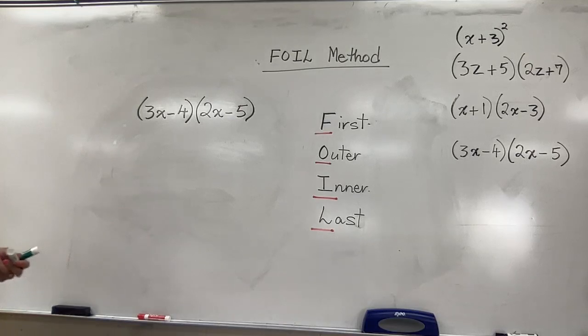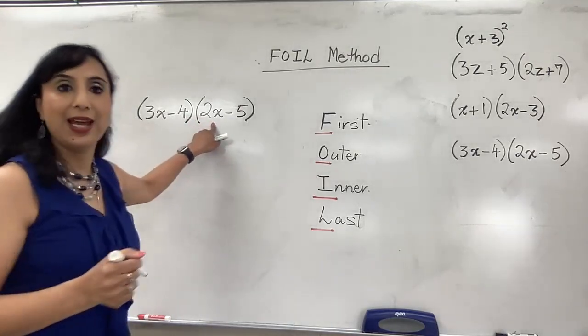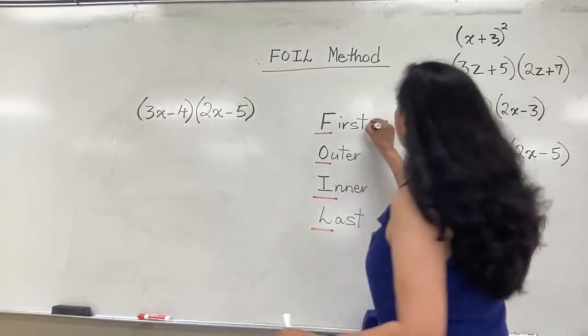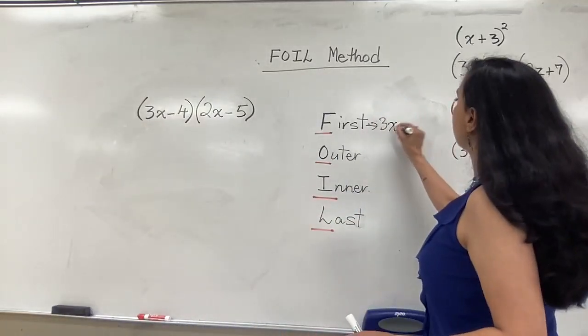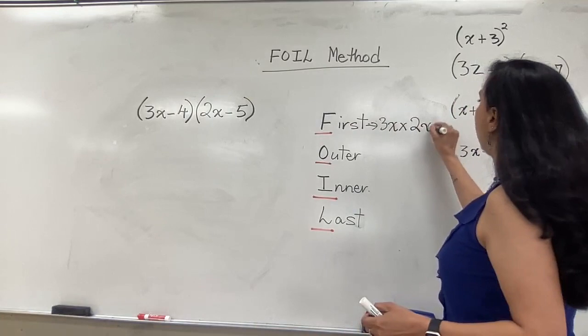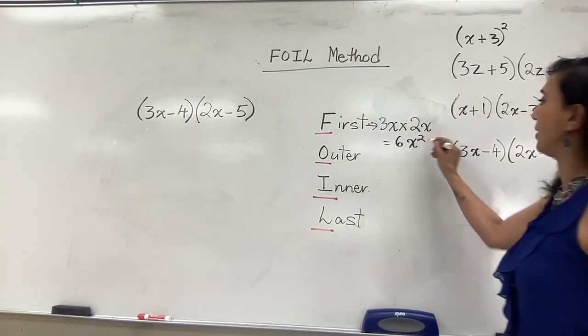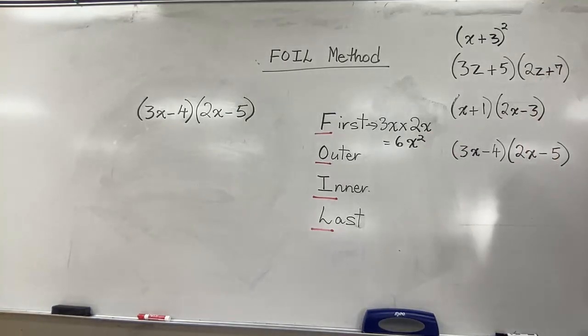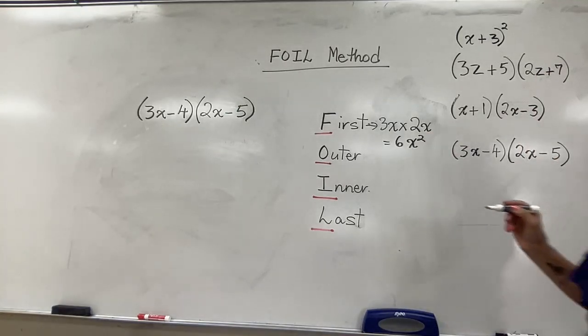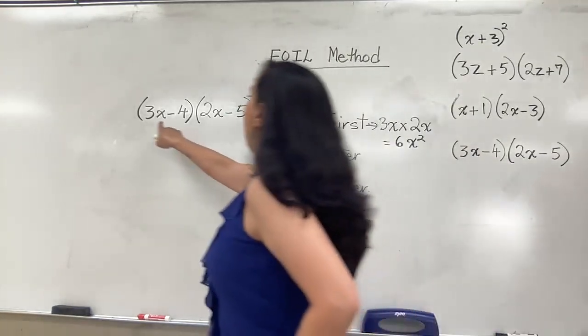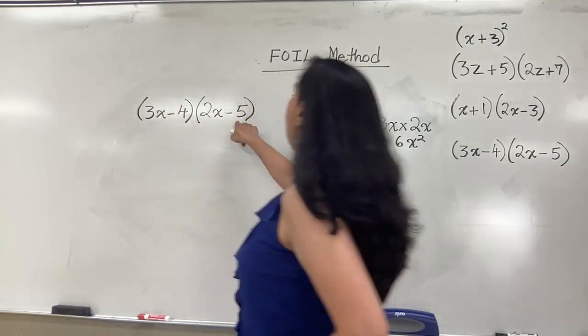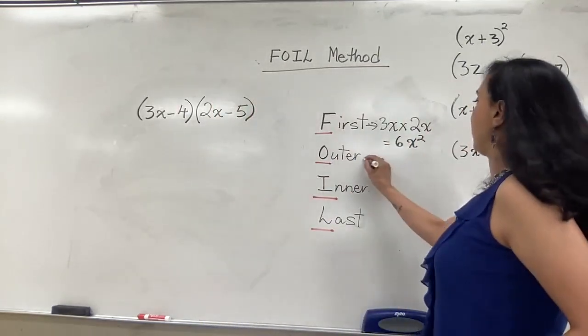So in this case, let's look at the first numbers. My first numbers are 3x and 2x. All right, so we have 3x times 2x. 3 times 2 is 6. X times x is squared. So 6x squared. Okay, then the outer, I have 3x and I have negative 5 because it's minus 5.